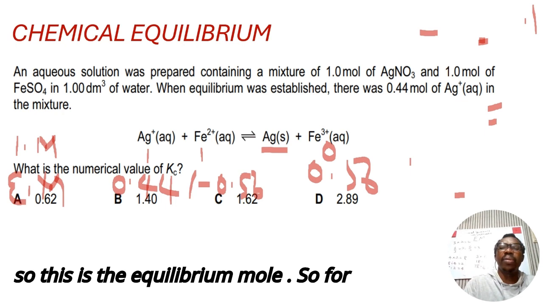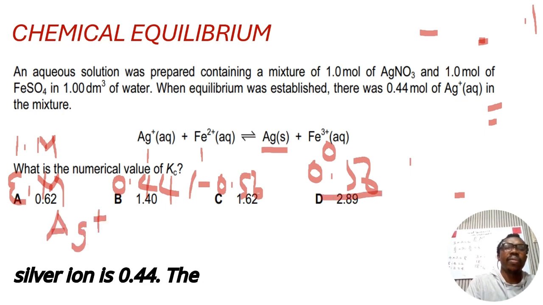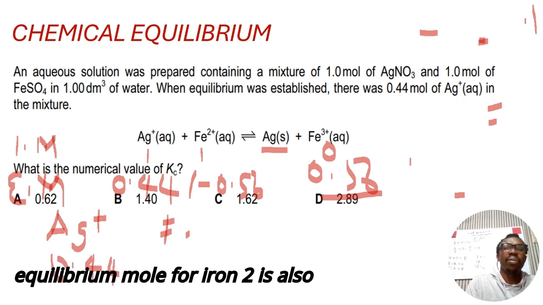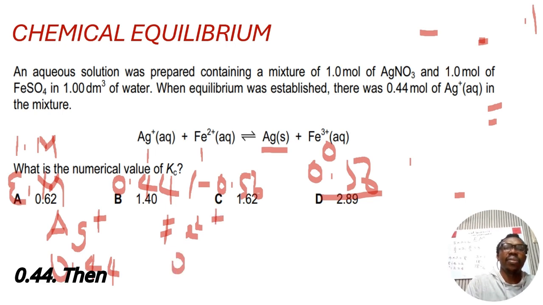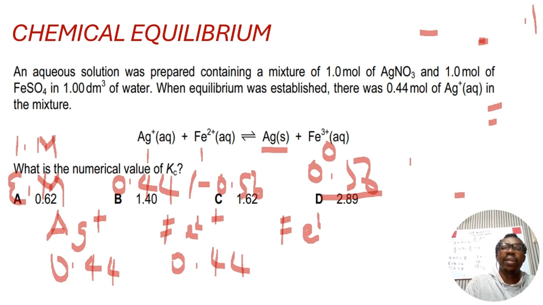So for silver ion, the equilibrium mole for silver ion is 0.44. The equilibrium mole for Fe2+ is also 0.44. Then the equilibrium mole for Fe3+ is 0.56.